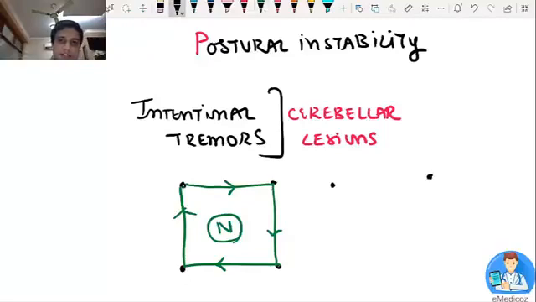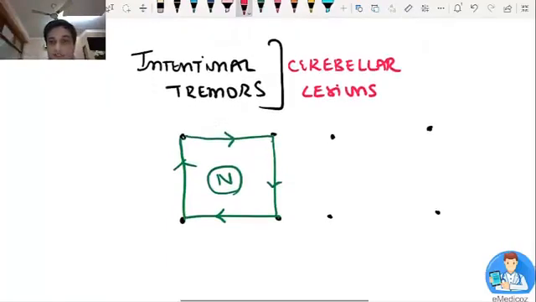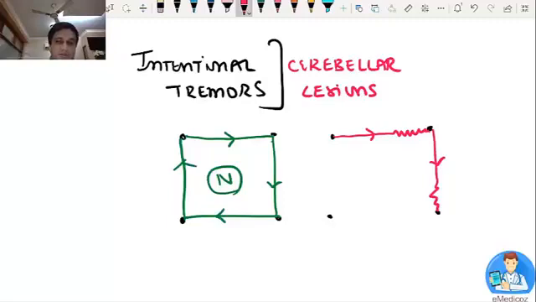Then we have a lesion in the cerebellum, resulting in an intentional tremor. How will this patient make the square? He'll start from the origin, and suddenly his hand will start shaking. So the shakiness in the intentional tremor that we observe in the video was on approaching or nearing the object. Again I start, I end, again the shakiness happens.